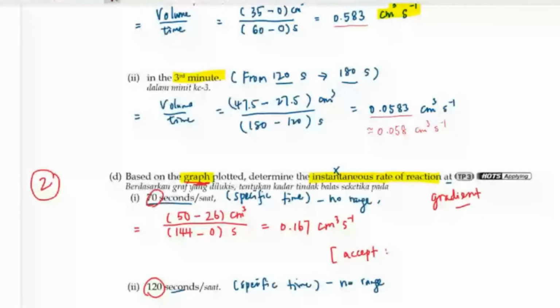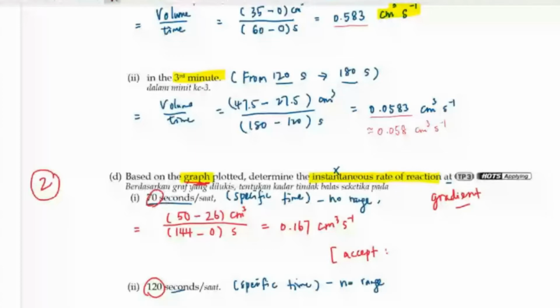So roughly the accepted answer is from 0.067 to 0.267 cubic centimeter per second. Your answer should be inside this range. We say it is plus minus 0.1.